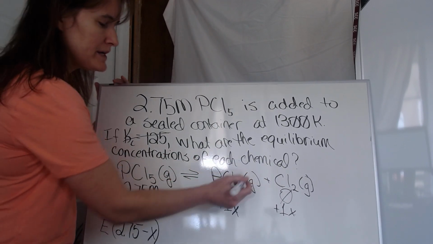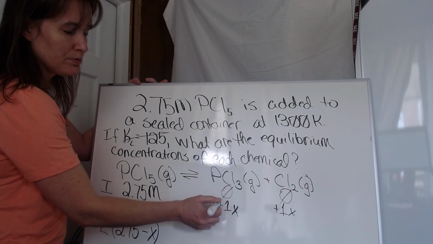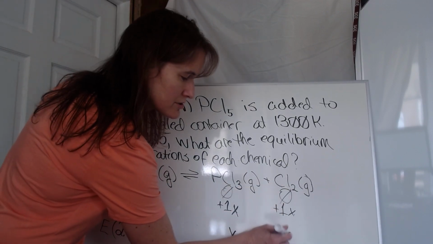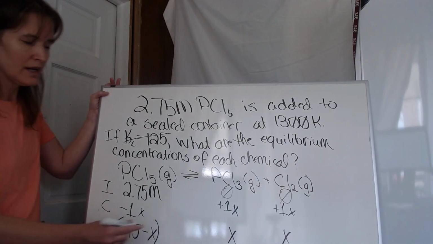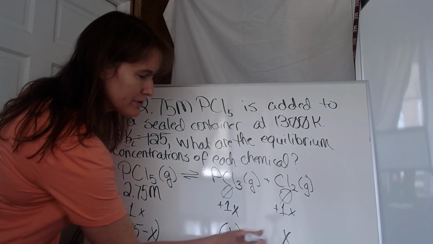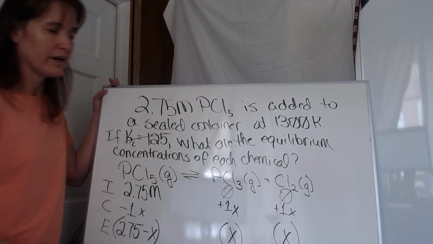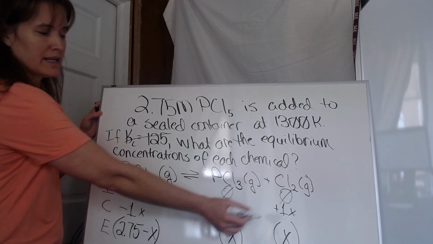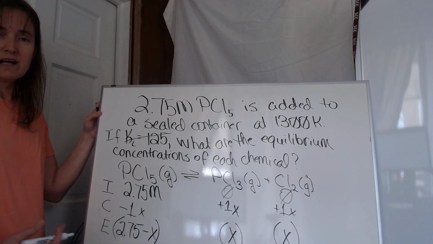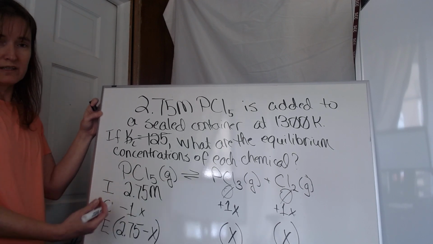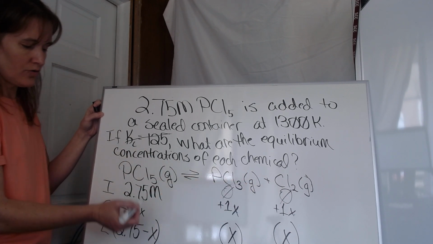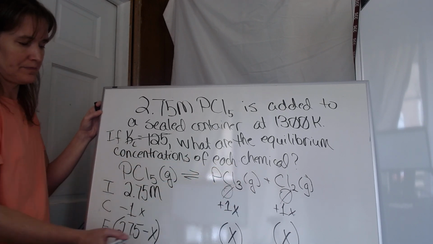For PCl3, it's 0 plus 1x, which is just x, and for chlorine, 0 plus 1x, which is just x. So the quantity of PCl3 that we have is x, and the quantity of chlorine is x. I have an x there, an x there, and an x there. And x has the same value no matter where it is, because it's all based on how much reacts or how much is created.